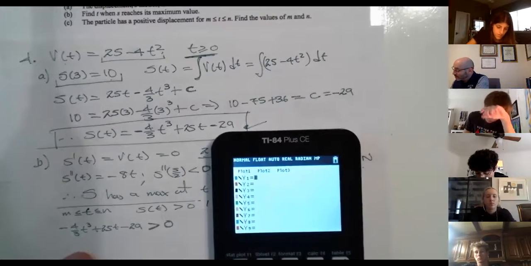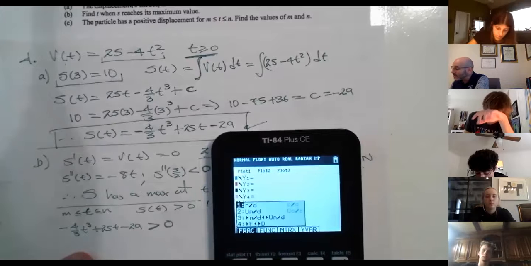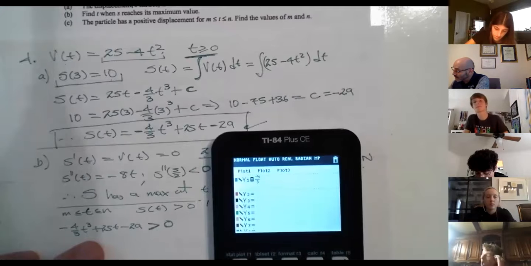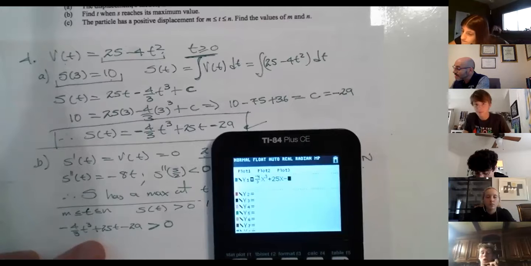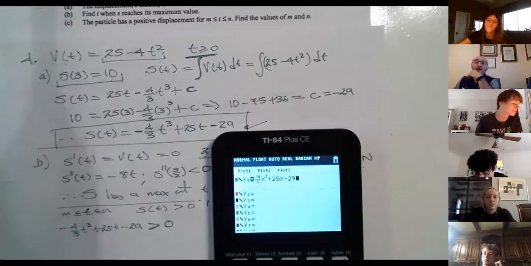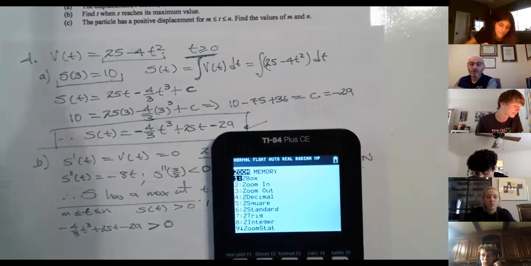So we're gonna enter negative 4/3 t cubed, or in this case x cubed, plus 25x minus 29, okay? And since I don't know how this looks, I'm gonna do zoom fit, zoom 0, and see what the calculator does.